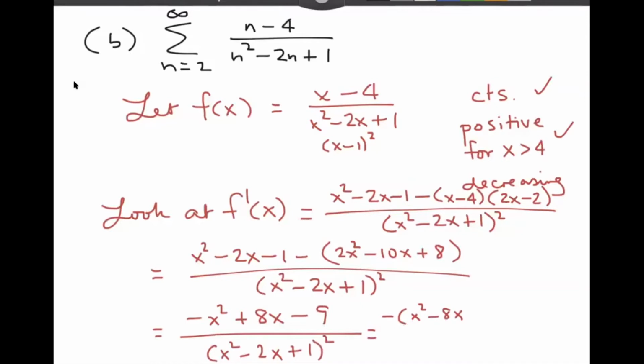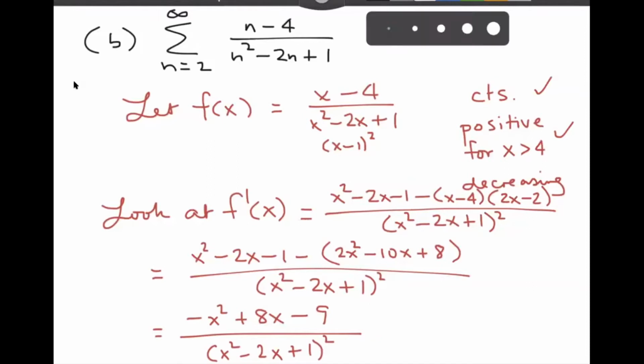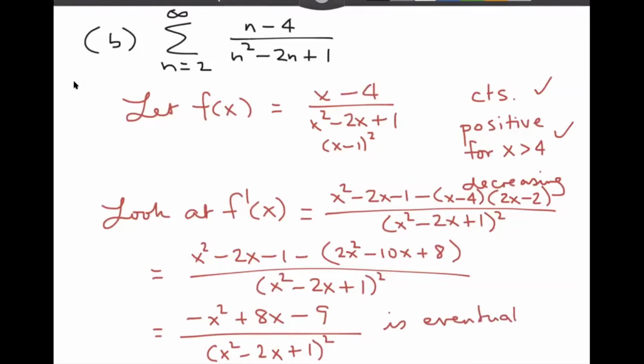No, this is not going to work out as nicely as I thought. Okay, so I'm not going to be that exact about it. I'm just going to say that this thing is definitely eventually negative. I was hoping it would factor into something nice, but I don't think it does.